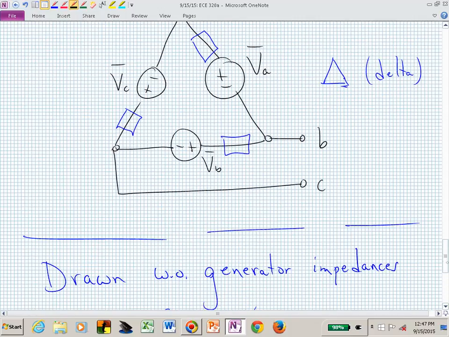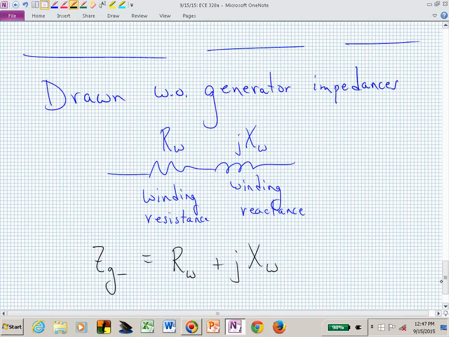If you wanted to have a more realistic voltage source, you would include these series resistance and reactance in each of those sources. A lot of times we just say, let's neglect those.